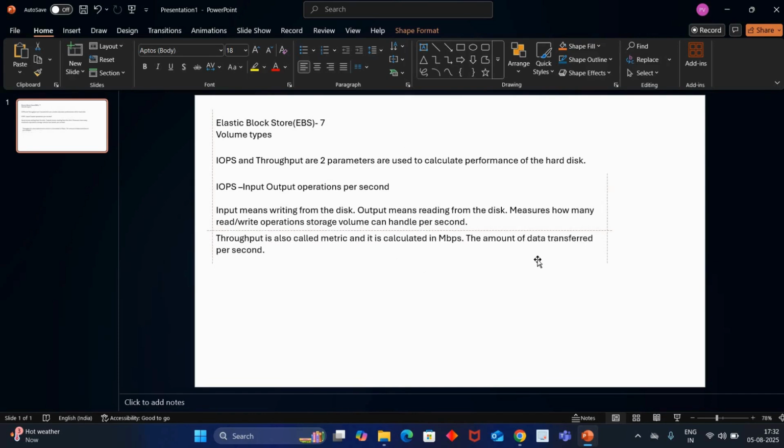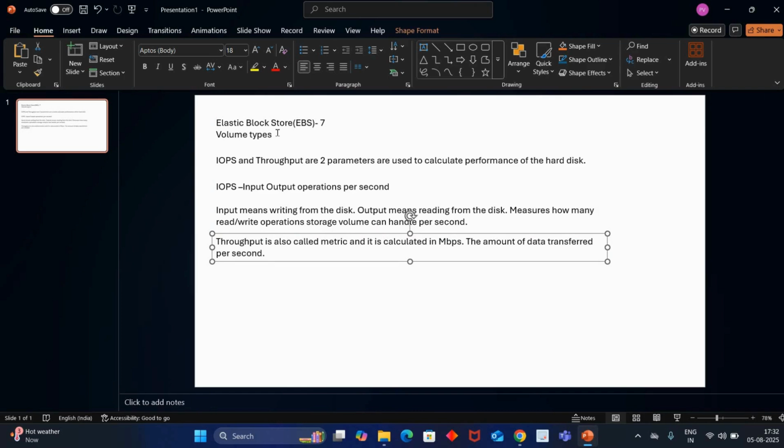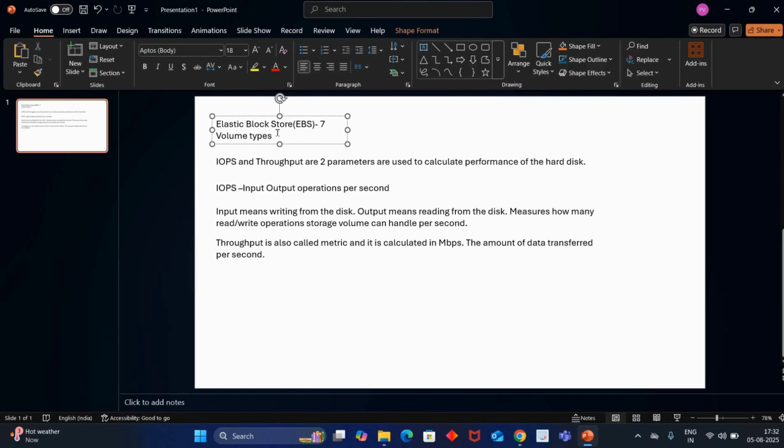I already mentioned that in EBS we have 7 types of volumes.